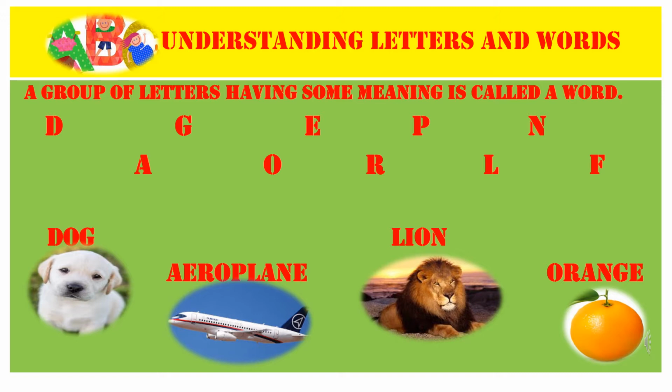Now, the use of learning these letters, children, is that you can put some of the letters together and form some words. Those words tell you exactly whether you are talking about a person, a place, a thing or an animal.